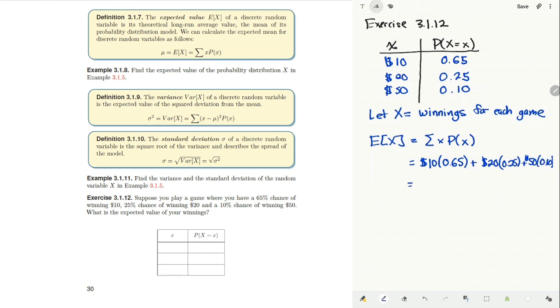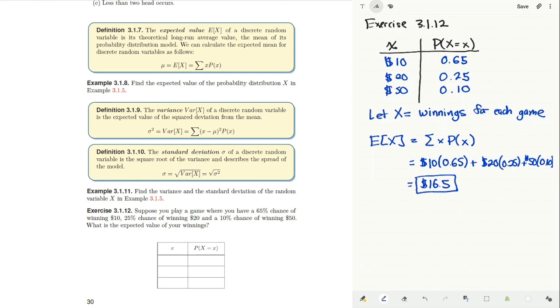And if you perform the calculation, we end up with 16.5. So this tells us that if we were to play this game over and over, then the average amount of our winnings per game is $16.50.